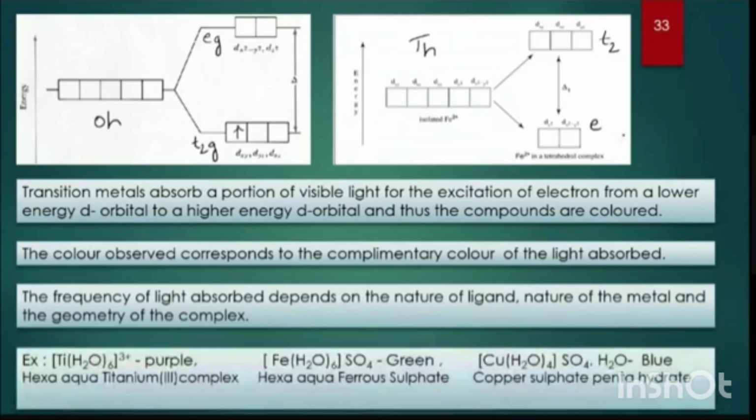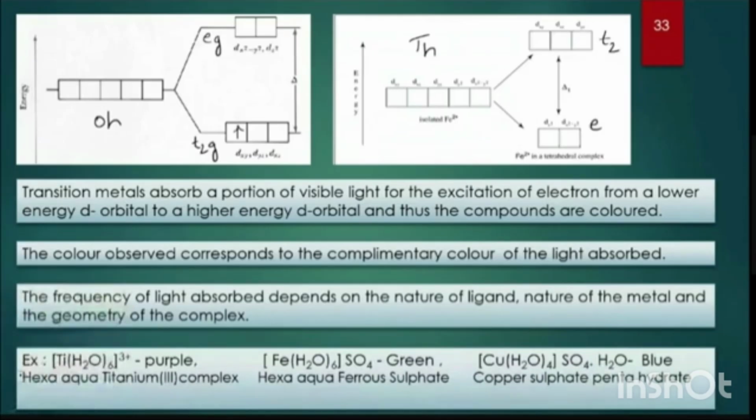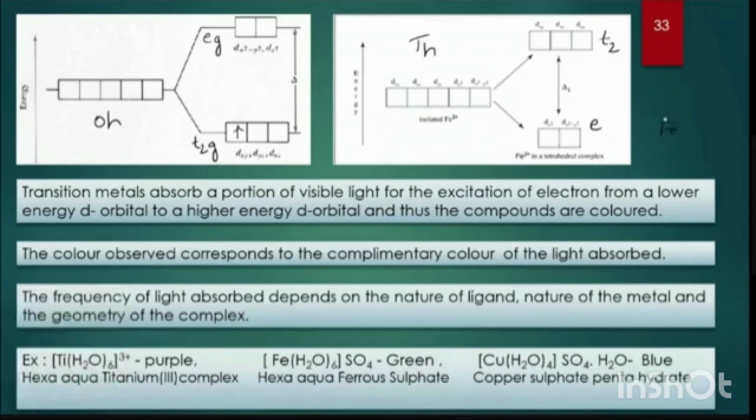Here, the ligand may be an ion or any group of atoms which are attached to the central metal. Suppose this is Fe, the central atom, and it is surrounded by four CN groups.